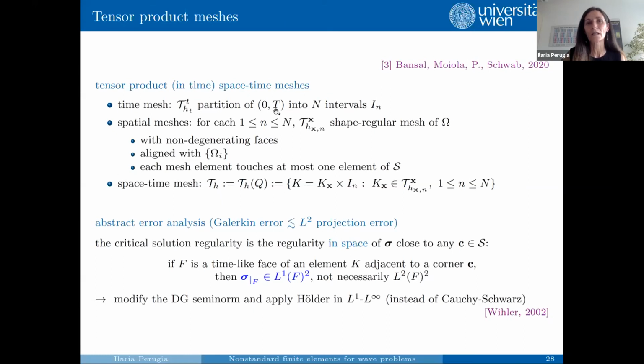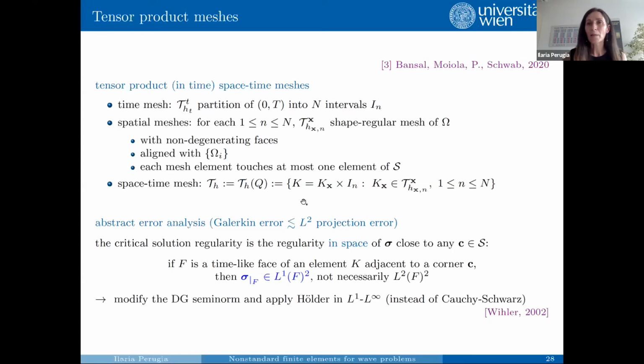So I consider my space-time mesh as a tensor product of elements in space times the time interval.